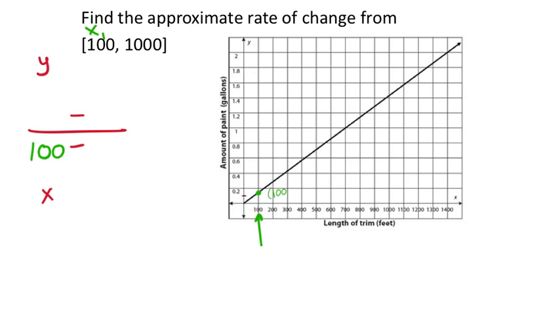Like the last problem, each line represents 1 for both the x's and the y's. But now the x values and the y values are representing different scales. So we do have 100 for the x, but you can see every line now for the y is representing 0.2. So right in between there, like I have marked, that would be 0.1.